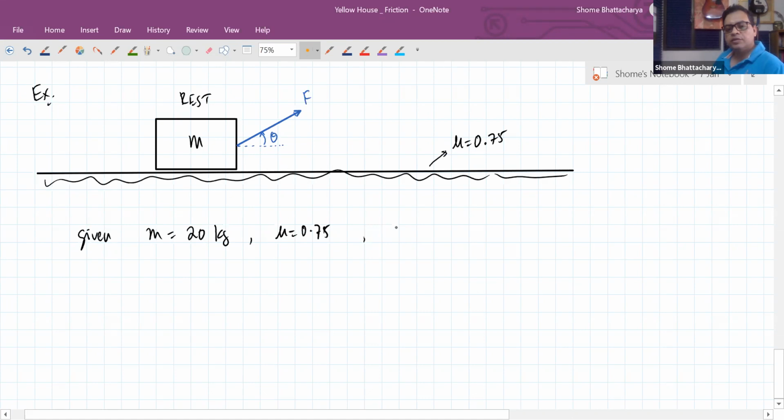Okay, we want to find the minimum magnitude of F needed to slide the block.